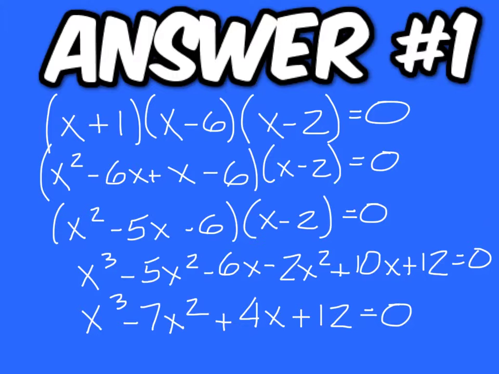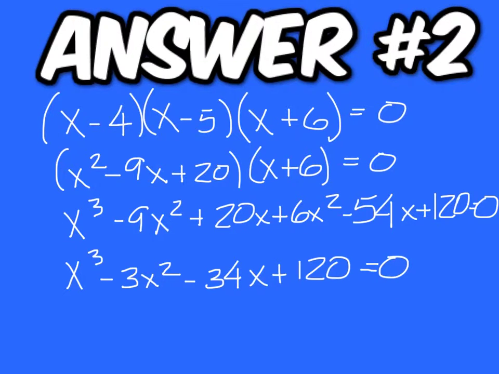On the first one, you should have x to the third minus 7x squared plus 4x plus 12 equals 0. The second one, and notice here while I'm reading this off, we know the pattern that if you multiply these two numbers you get the back end, and if you add the two you get the middle.